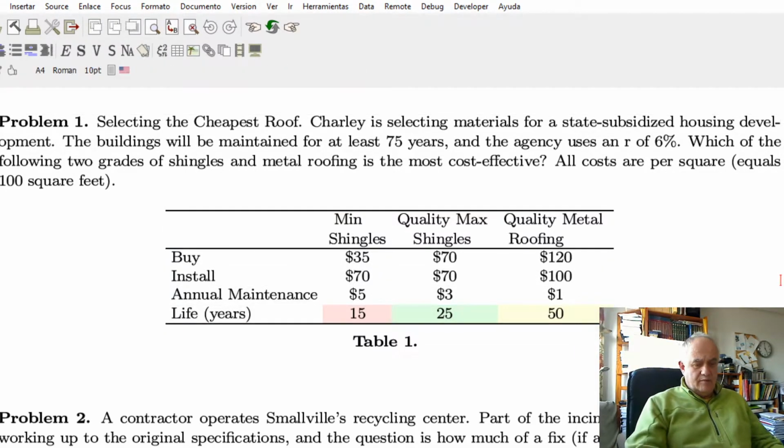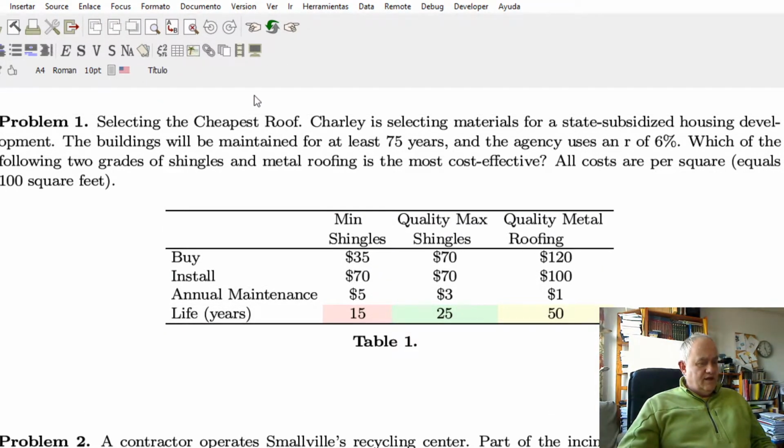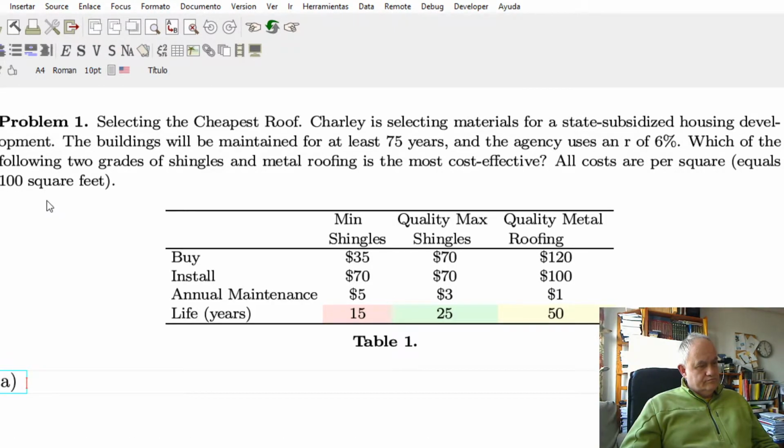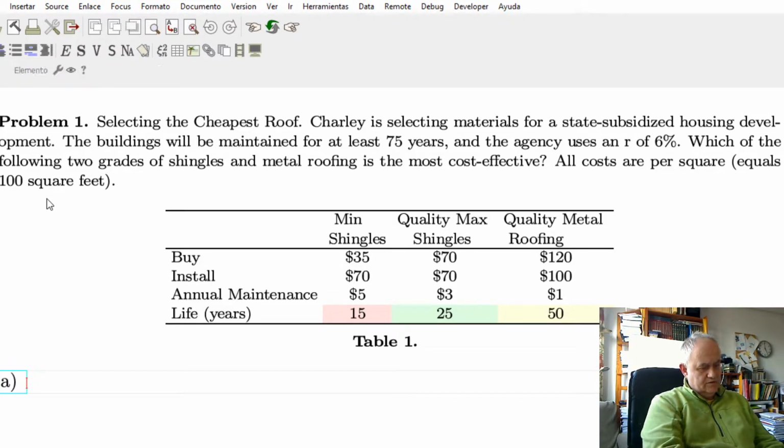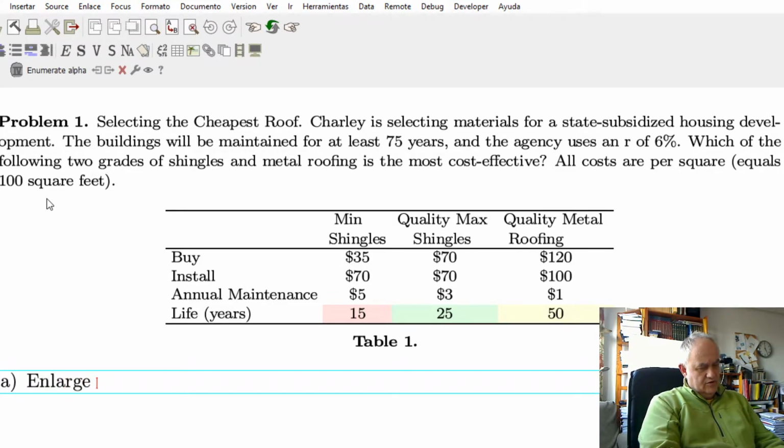Then we have two possibilities. Two alternatives have been proposed. Alternative A: enlarge the life of the equipment.